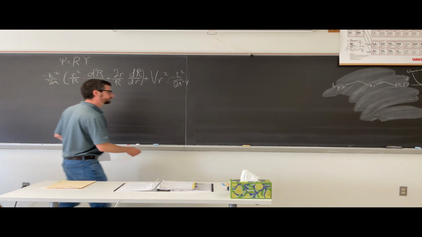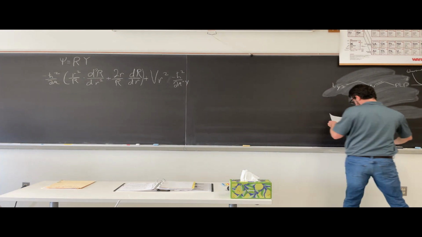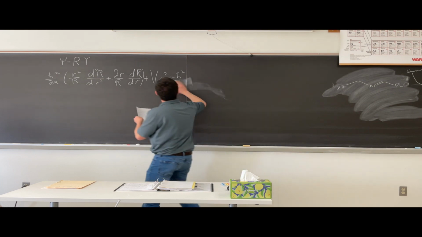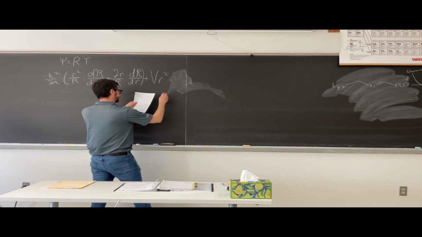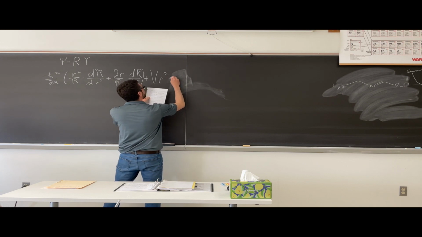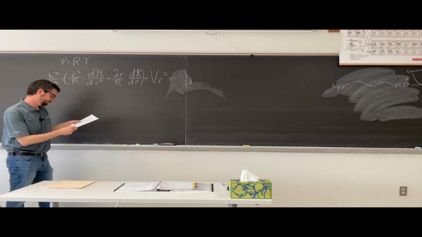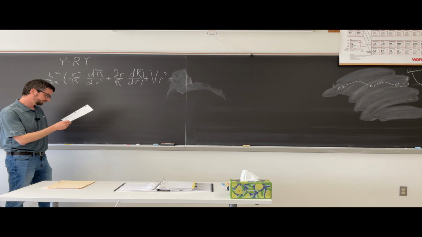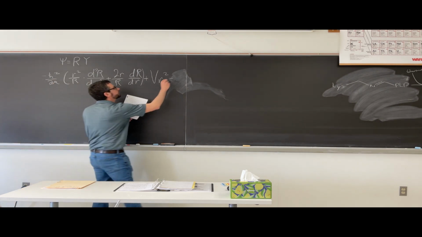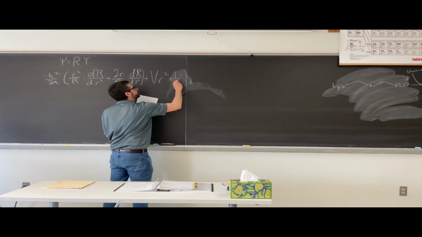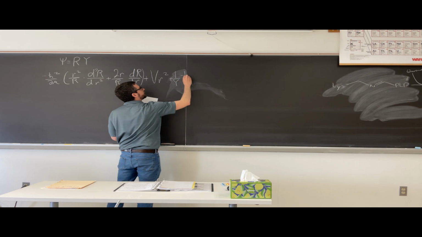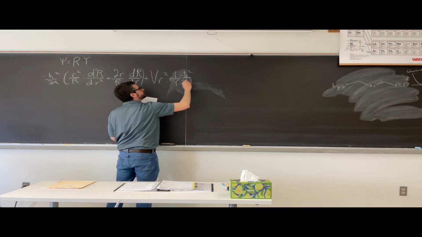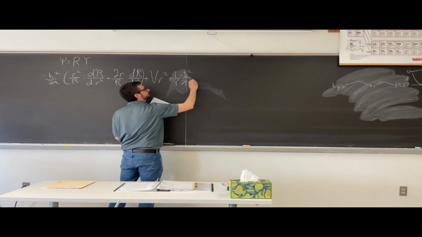I want to get rid of that thing. What do I need for the Y portion? H bar squared over 2m, and then what else?